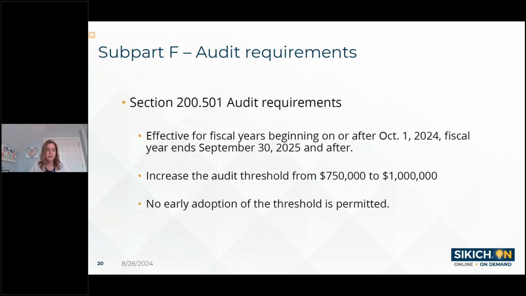You do have to expend more than $1 million now. There is no early adoption of the threshold though. So if you're between $750,000 and $1 million for the 2024 period, the threshold is $750,000. So that does not increase, and no early adoption is permitted.